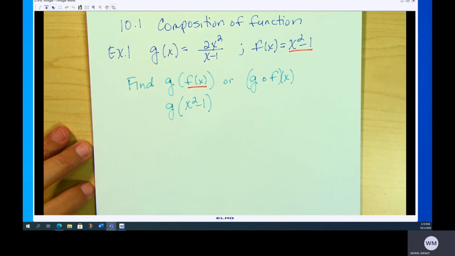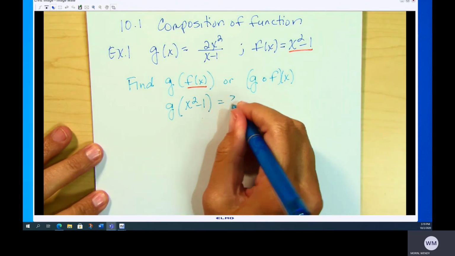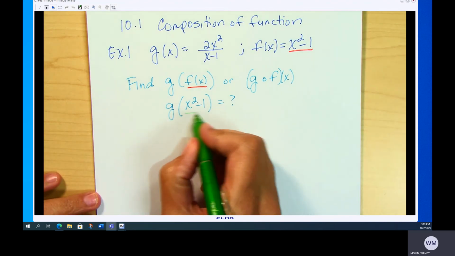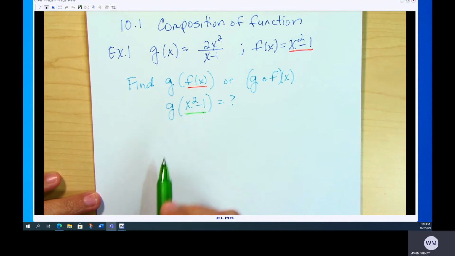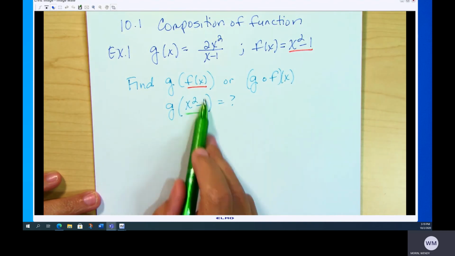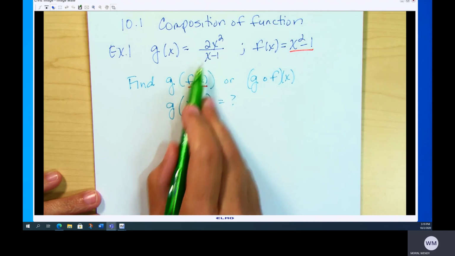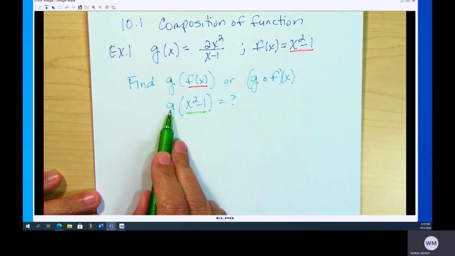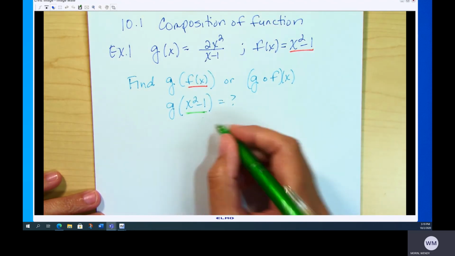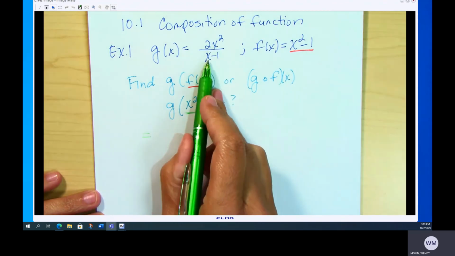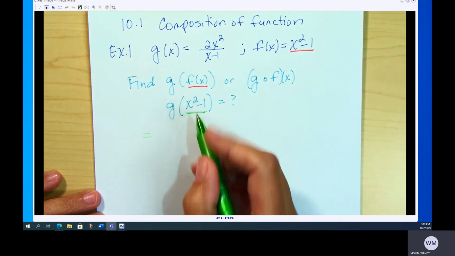Well, how do we do that? Again, this is our input. This is our replacement for every x in g. So let's go ahead and replace that. Replace this x and replace this x with our input.